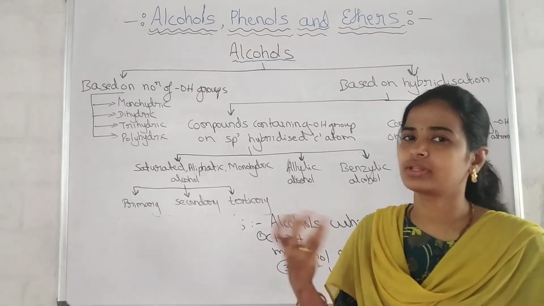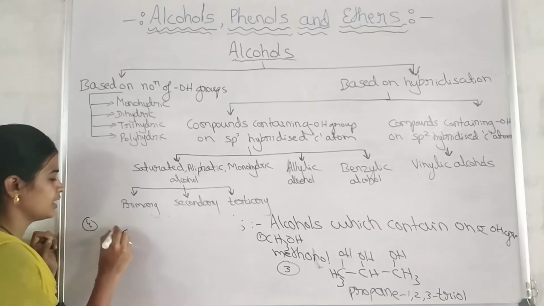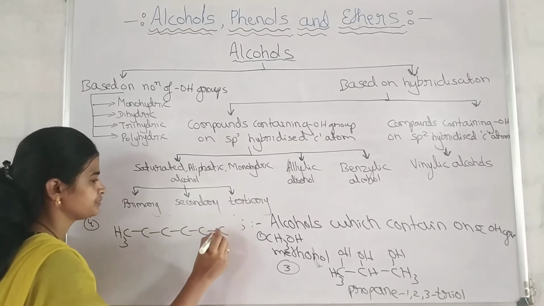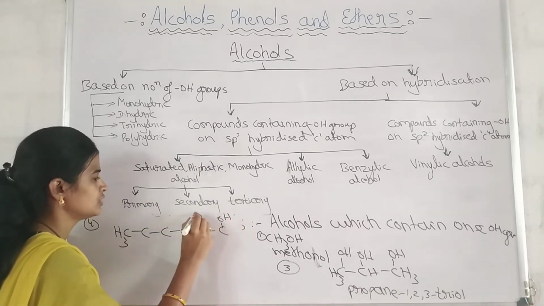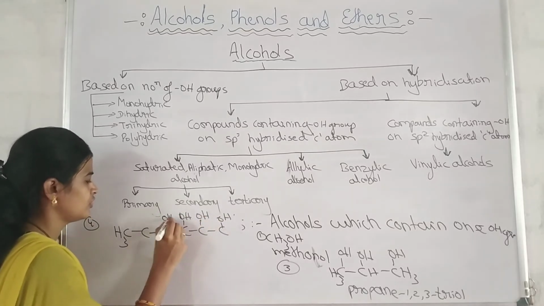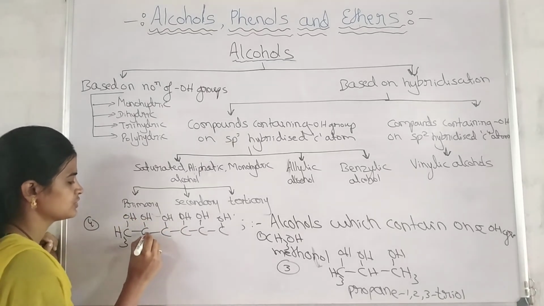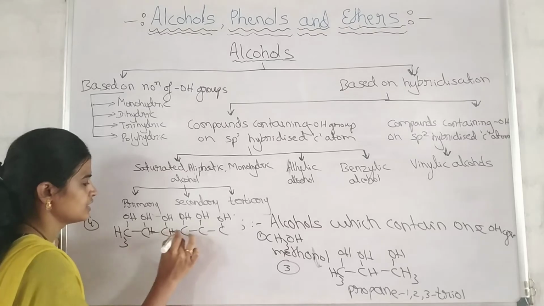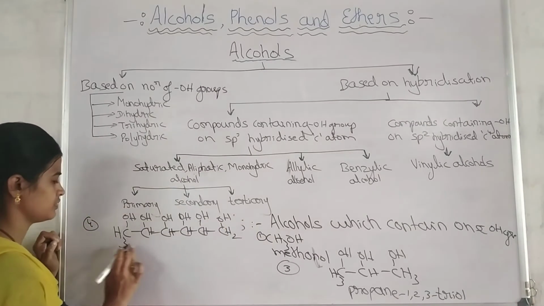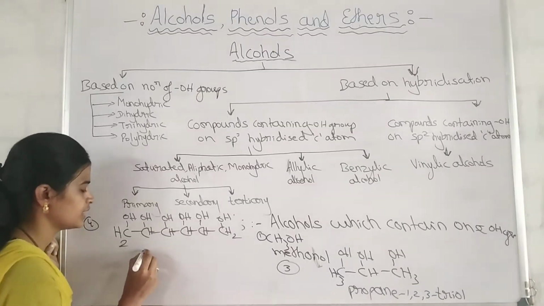An example for polyhydric alcohols I am writing here: 1 OH, 2, 3, 4, 5, 6. I have to satisfy the valency by writing H. Write it properly: CH2OH, 1, 2, 3, 4, and CH2OH. So what is the name of this one?